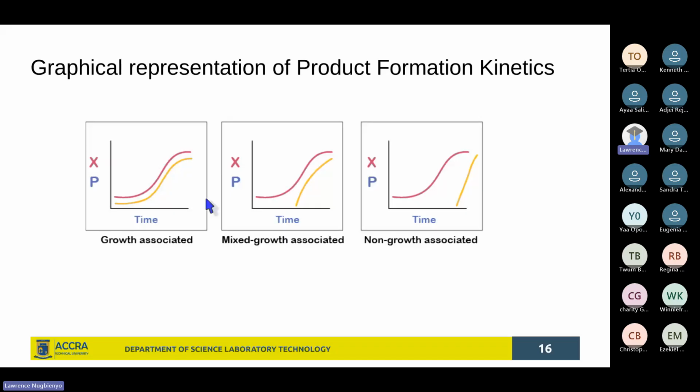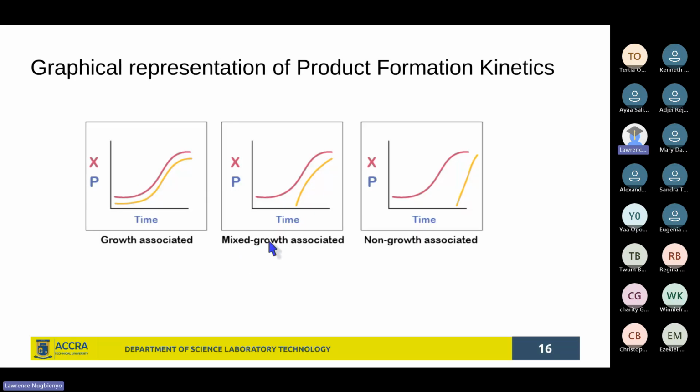So let's see, P, which is blue, should actually be the yellow, which is the product which is being formed, and the X, you can look at it as the growth rate. So you can see that for the growth associated curve, product formation and the growth rates are proportional. You can see this clearly, are proportional.